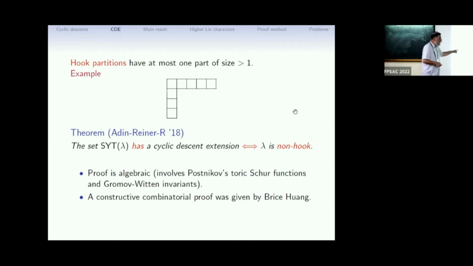For Bryce Wang, all of them are coherent, through a conjugated or twisted Schützenberger promotion; his paper is long. At least it gives a combinatorial proof of this statement, and he shows that Rhoades's is a special case of his promotion. For rectangles, the Wang promotion is the Schützenberger promotion. Okay. Question?